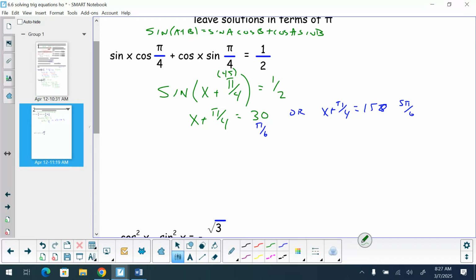This would require you to do a little bit more fractional work, but you wouldn't have to do any conversions at the end. We would have this pi over 6.